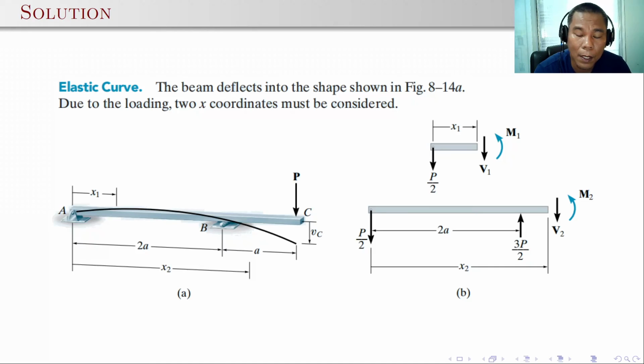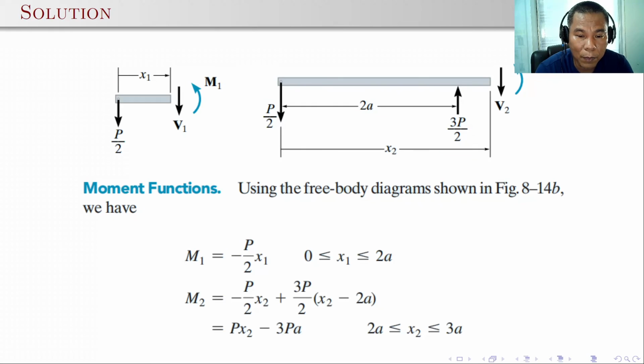The second segment, positive P over 2 times x2 minus 3P over 2 times x2 minus 2a, and that would be the bending moment at that particular segment. So here are the moment functions, but of course M1 is only applicable from 0 to 2a, and M2 is only applicable from 2a to 3a.